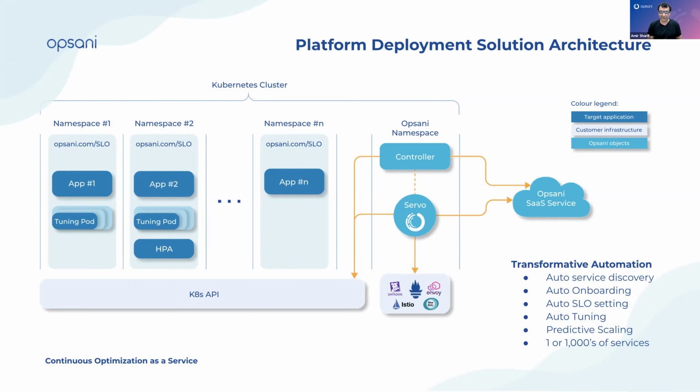The service itself is SaaS, so you send out some minor performance data that's not identifiable, and in comes back some recommended configurations that the servo then implements within the Kubernetes environment. Fairly easy to set up, and quite easy to run, and once you set it, it sort of takes care of itself.